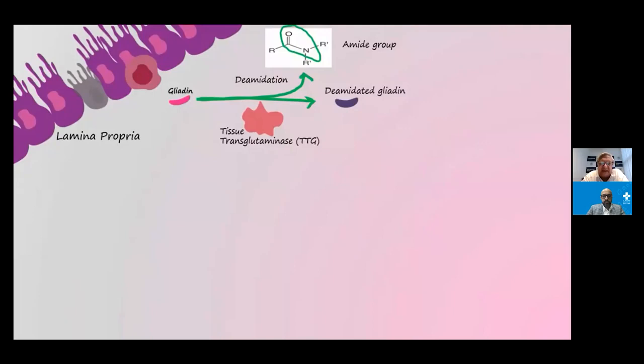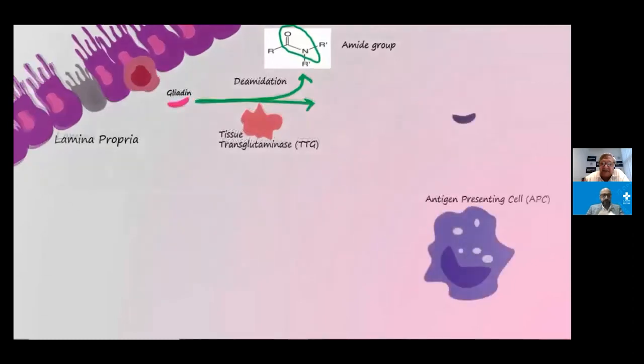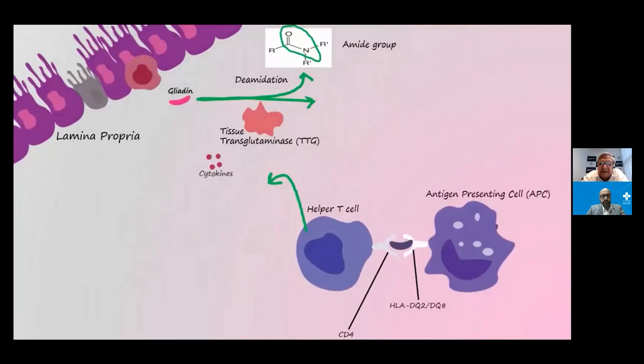This deamidated gliadin is then presented by antigen presenting cells which express HLA DQ2 or DQ8 to CD4 positive helper T cells.